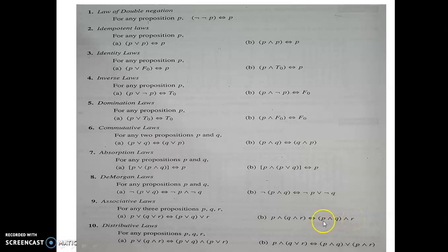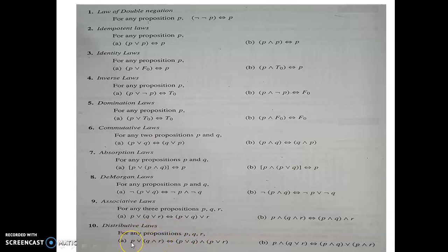Okay. Distribution law. Suppose we come across such a scenario like p and (q or r): first combining these two, p and q, or, next performing an AND operation, p and r.